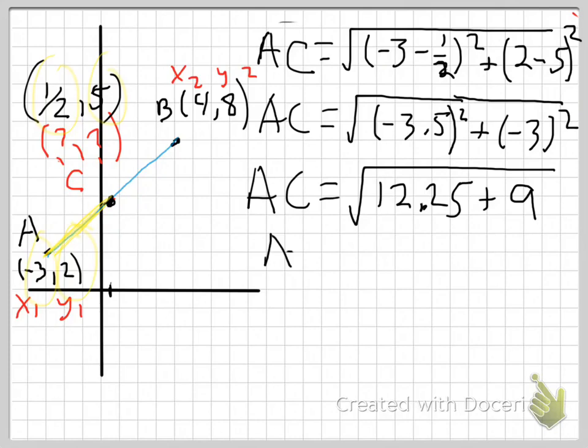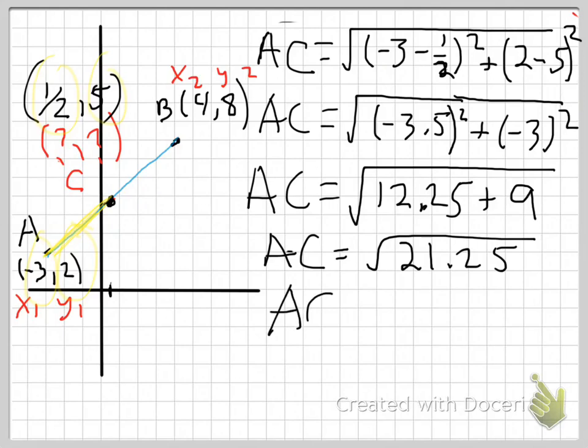So AC is the square root of 21.25, because that's what 9 plus 12.25 is. And I'm going to square root that. So the distance between the cities, whatever the units are, is about 4.61 units, whatever the units are, the units that we had.